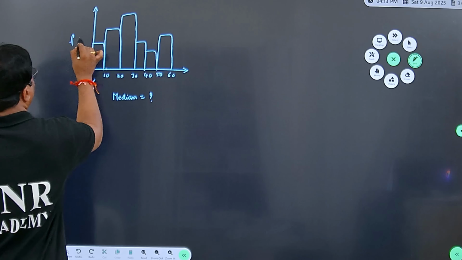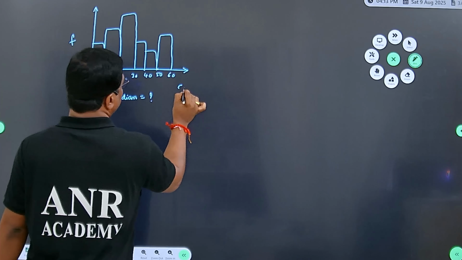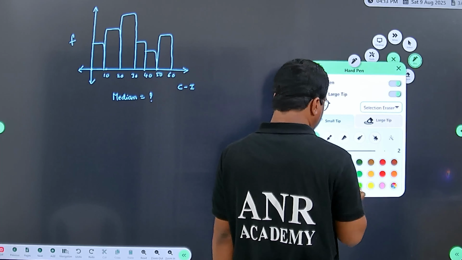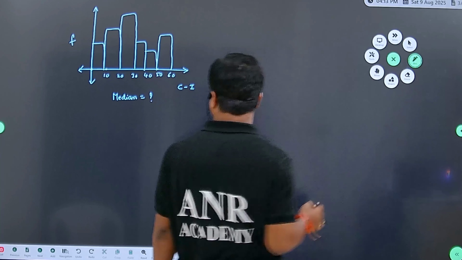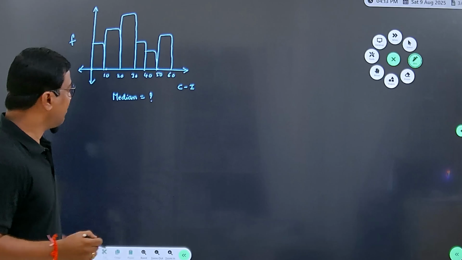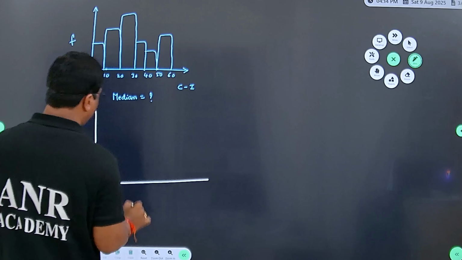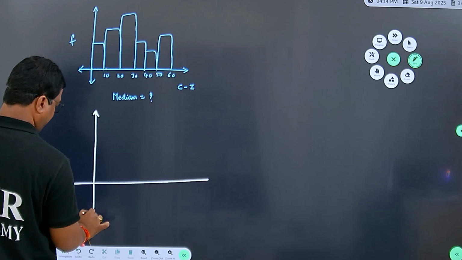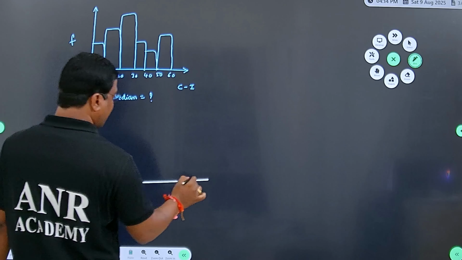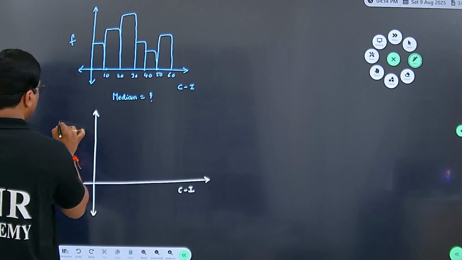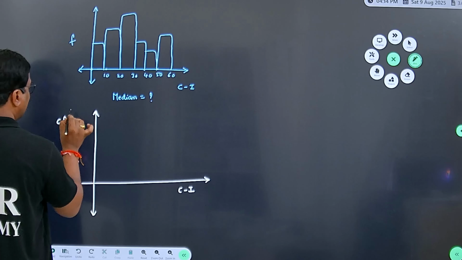Here this is frequency and this one is class interval, but median is calculated with the help of cumulative frequency. So I am going to draw the graph of class interval in one direction, cumulative frequency in the other direction.